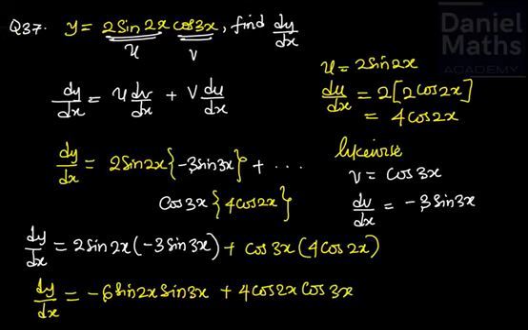But I could decide to rewrite this in another form. Instead of making the minus sign lead the equation, I'm going to reverse it and bring this one here. So I will have 4 cos 2x cos 3x, then minus 6 sine 2x sine 3x.